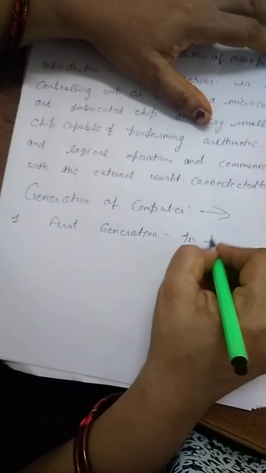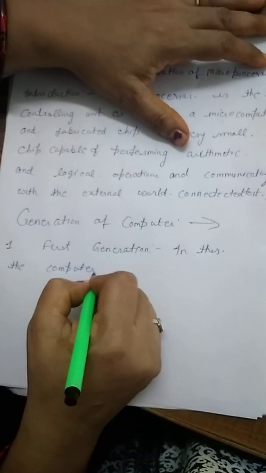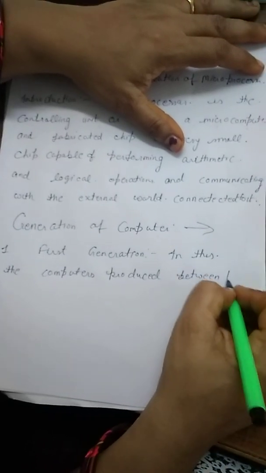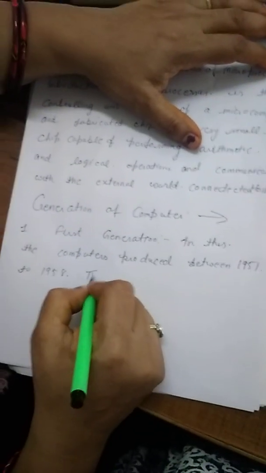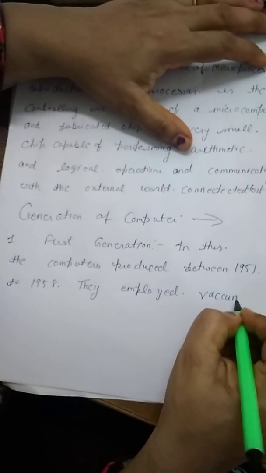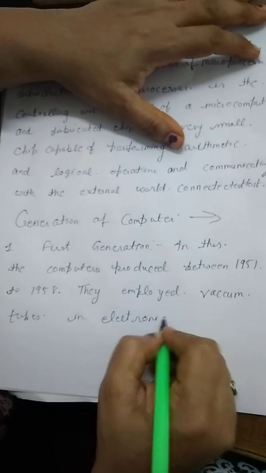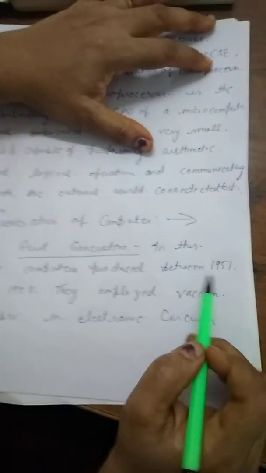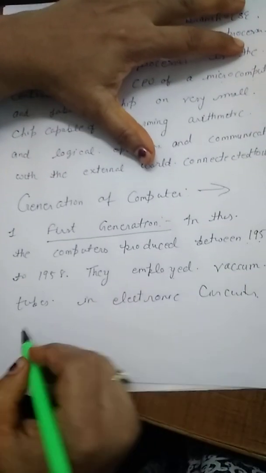In this generation, the computers were produced between 1951 and 1958, and they used vacuum tubes in electronic circuits.